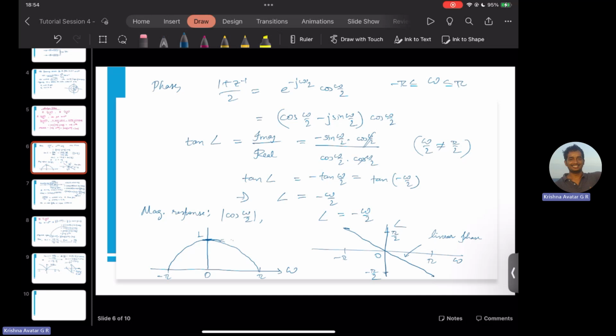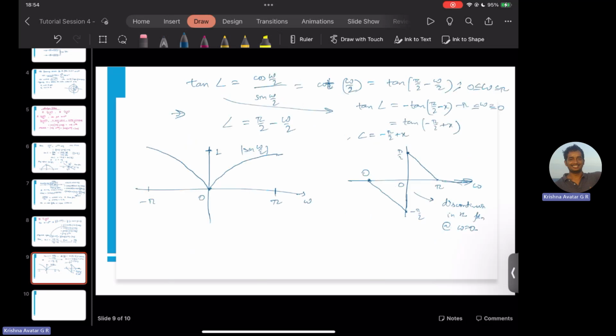It allows low frequencies to pass through this filter, but at higher frequencies it just attenuates the signal. And the reverse happens for the sine case, in which at higher frequencies it passes the signal through, but at lower frequencies it just attenuates it. So that's the difference in both the scenarios.